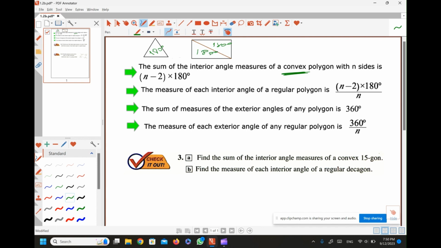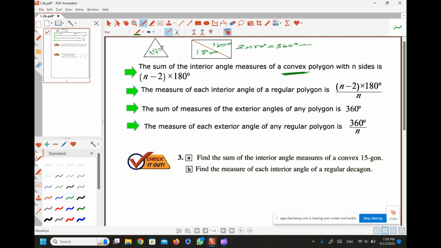So we have two triangles, and 2 times 180 degrees is equal to 360. So if we are asked to find the sum of interior angles of a rectangle, it is 360 degrees. That's how we deduce the formula for any polygon, by dividing it into triangles.